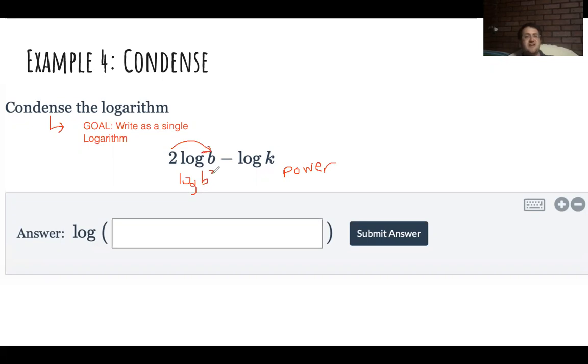So I'm going to write this as log of b squared minus log of k. And now I'm going to write this as a single log. If it is positive, it's going to go in the numerator. So it's going to be log of b squared over k. And that's all that you have to put in. And you will be in good shape when that is done.